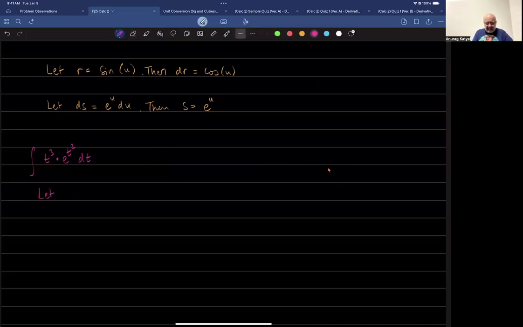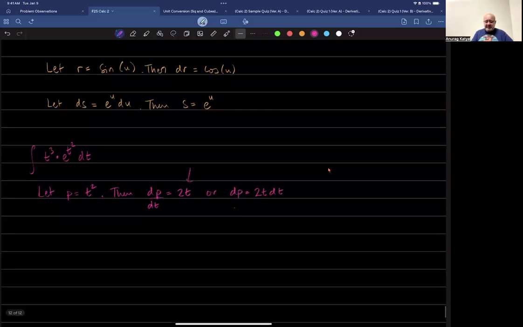Let p equal t squared. Then dp dt is equal to 2t, or dp is equal to 2t dt. So this is just the derivative, moving the dt over to the other side.